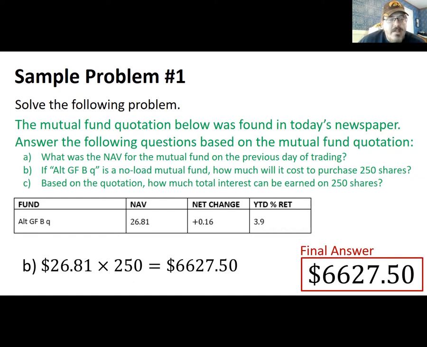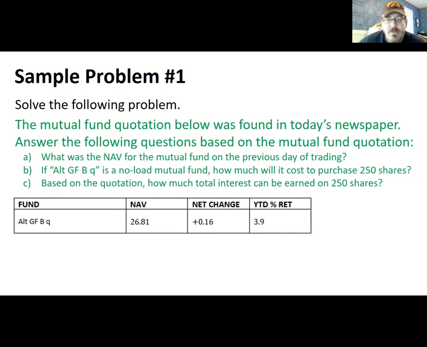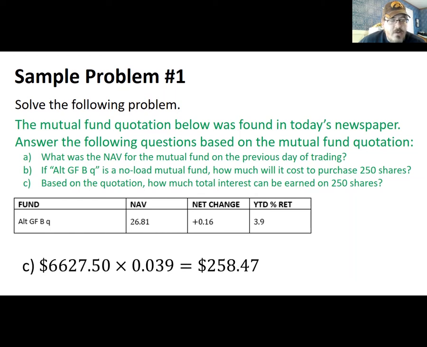All right, last thing is, based on the quote, how much total interest can be earned on these 250 shares? Basically, to calculate this, what we need to know is the rate of return. That is the percentage in that last column, the 3.9%. So if we invest in the 250 shares, the $6,627.50 is how much we spent to buy them, multiply that by the interest rate.